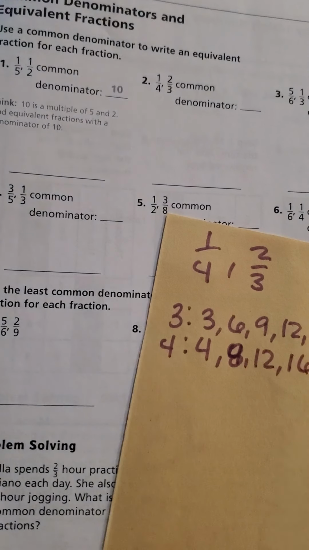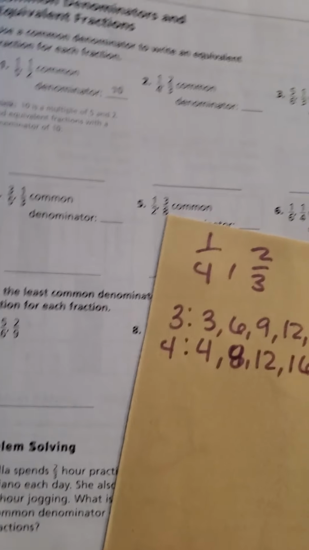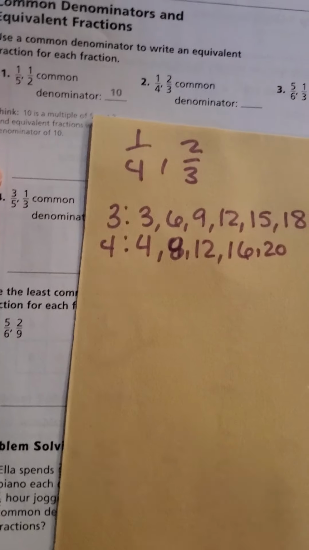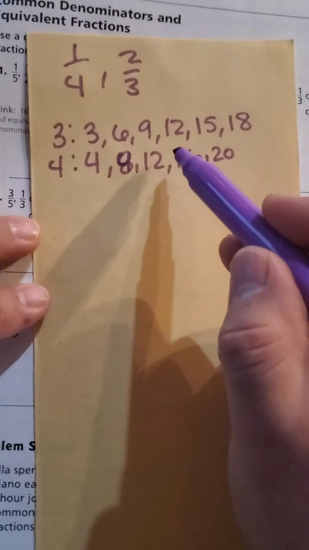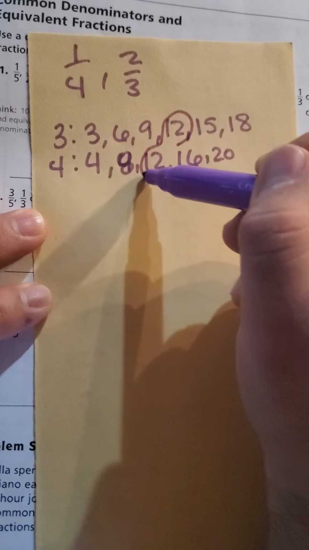I'm going to go ahead and stop. I can go ahead and do one more to 20, but I'm going to go ahead and stop. Because I found my common denominator of 12.